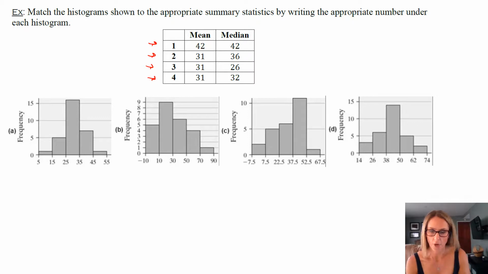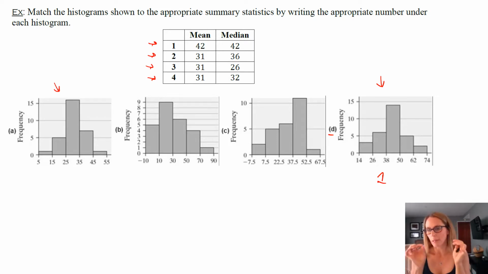So the answers here, notice that we have a bell shape here and a bell shaped here, but this D is the most bell shaped. I would definitely call that like looks pretty good. It's coming up, it's coming back down. So because of that, it's going to have its mean and median be the same.